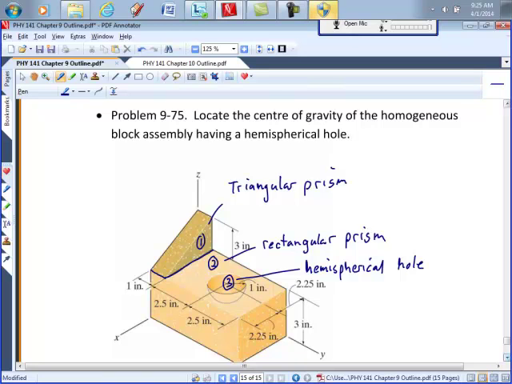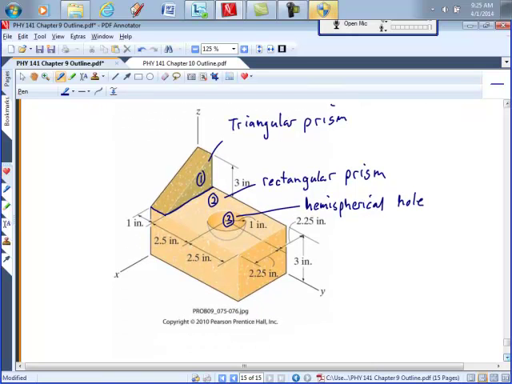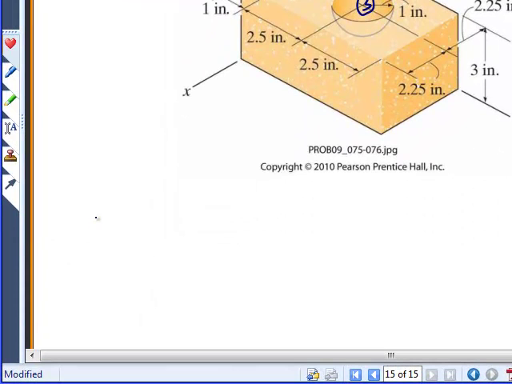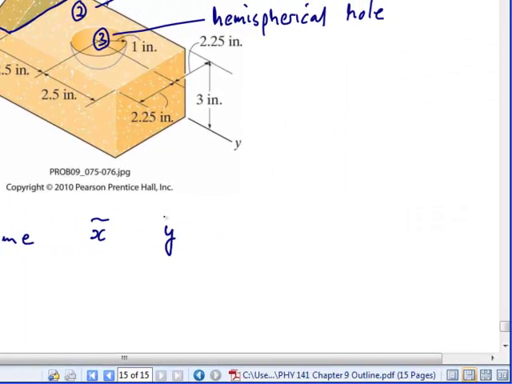So that means we need to go through each of the sections and calculate its volume, x tilde, y tilde, z tilde, multiply them out, x tilde V, y tilde V, z tilde V.